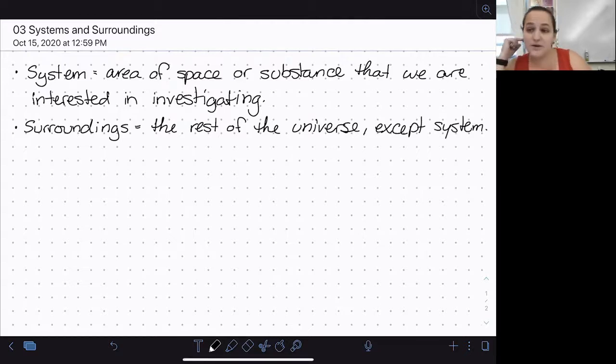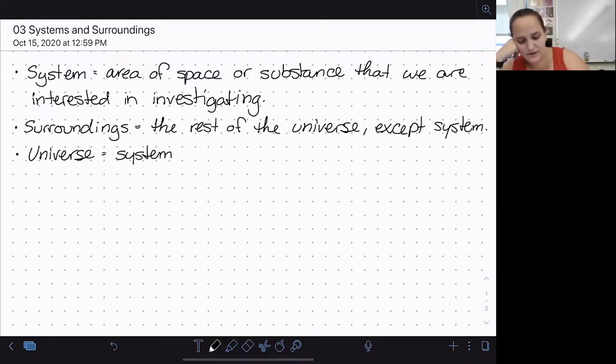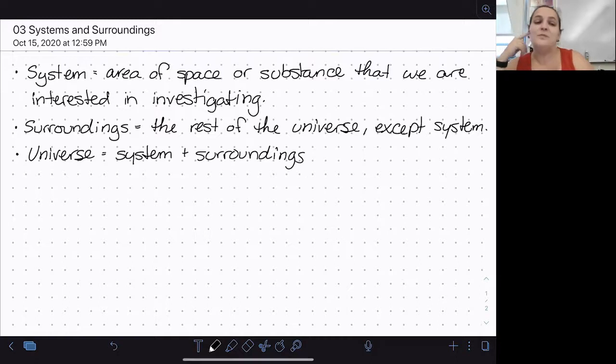Whatever is not part of the system is part of the surroundings. So the universe can always be thought of as the system plus its surroundings in thermodynamic terms.